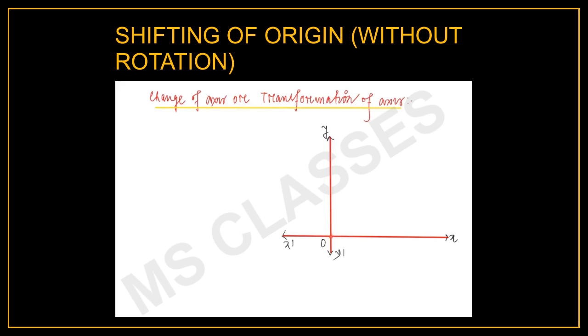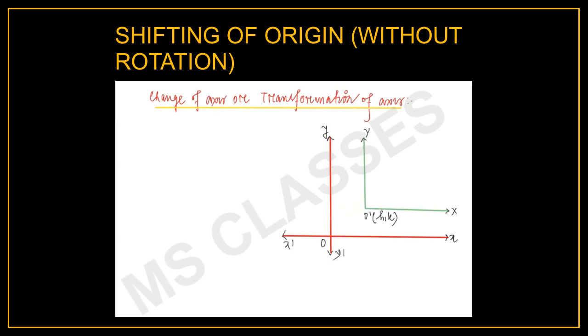We just shift the origin without rotation of the axis. That is, we'll be shifting the axis parallel to themselves. So if we shift the axis parallel to themselves, we get a new set of axes here, which we mark as capital Y and capital X. And their new origin we take as H, comma K.